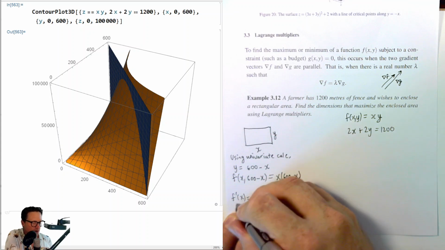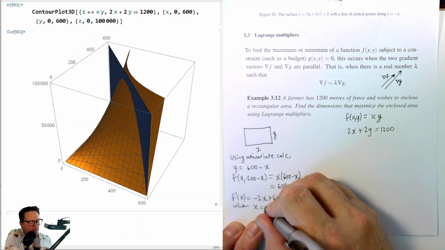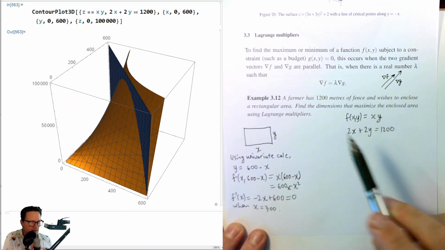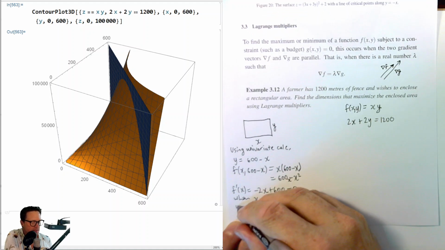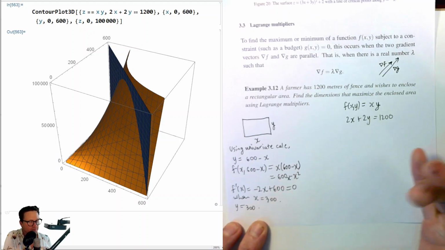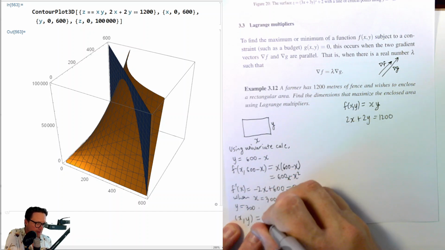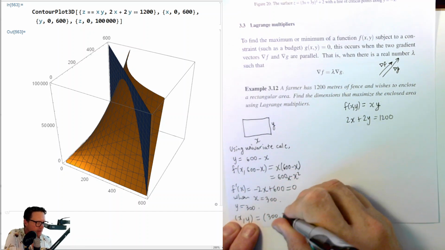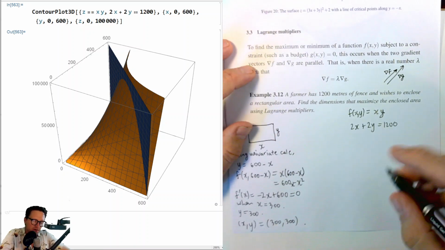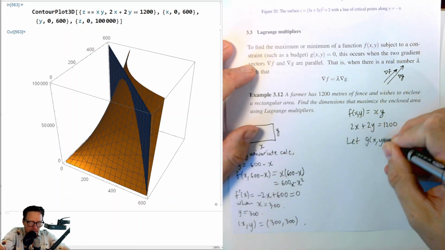Well, this is equal to 0 when x is equal to 300. And if x is equal to 300, well, the constraint here would give us that y is equal to 300 as well. Okay, so then the farmer should choose dimensions x and y, 300 and 300.